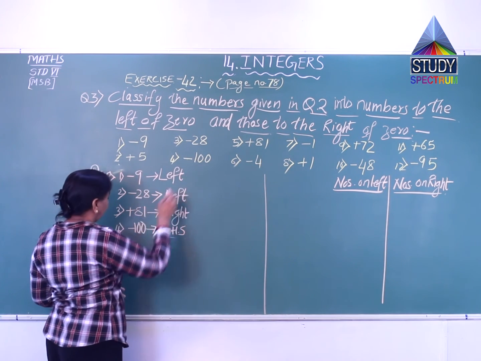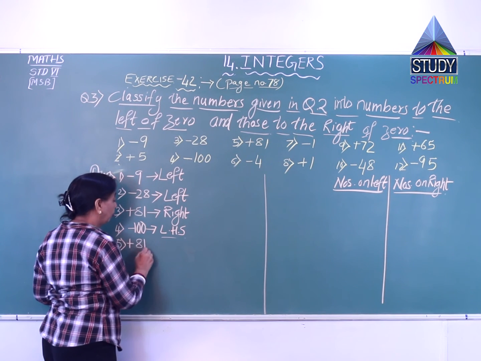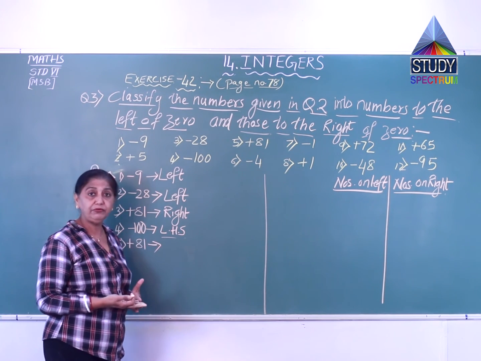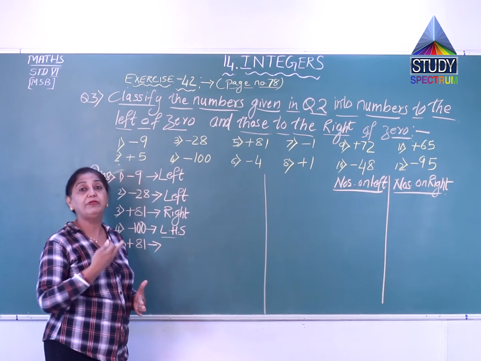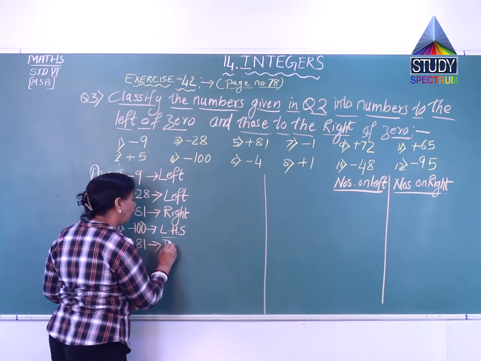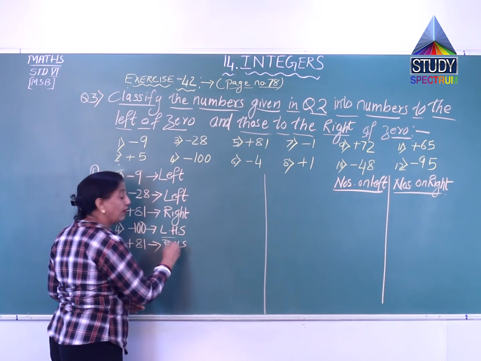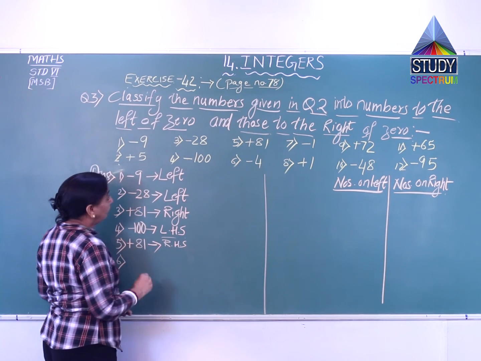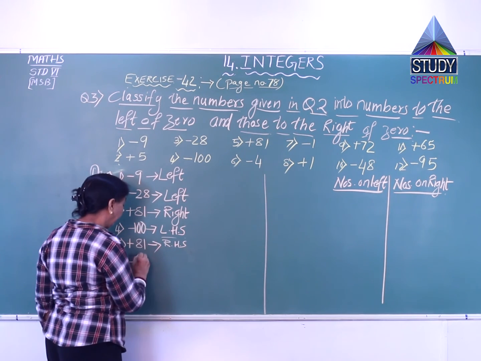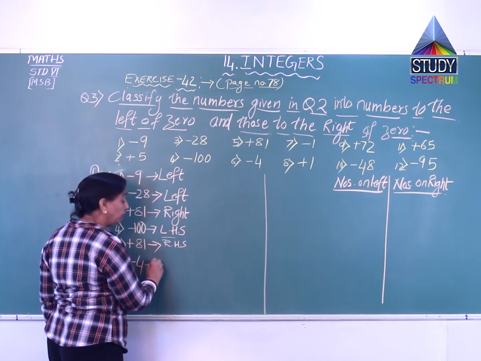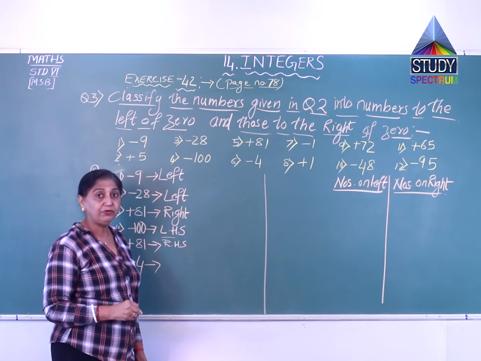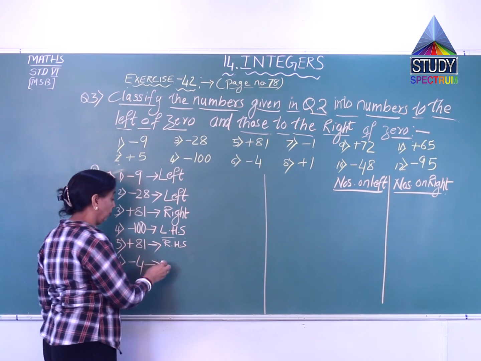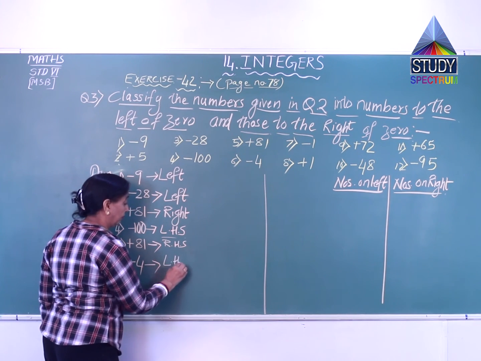Now then comes the fifth one, positive 81. Where will it go? As it is positive, naturally it will be on the right hand side of 0. So I will just write RHS. The sixth one is again negative. So negative, where will it go? As it is negative, it will lie to the left hand side of the 0. So I will write LHS.